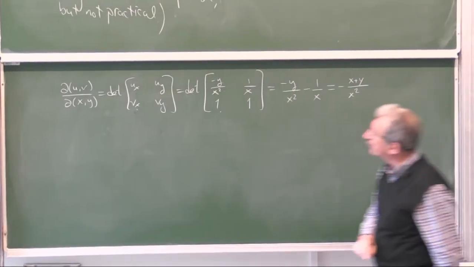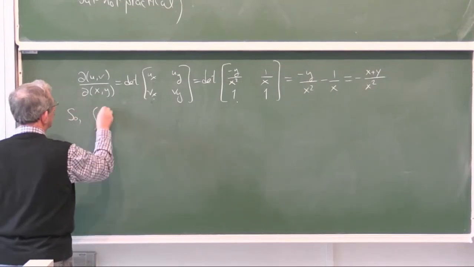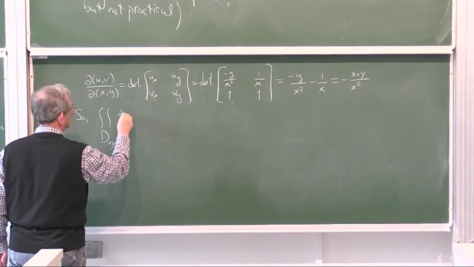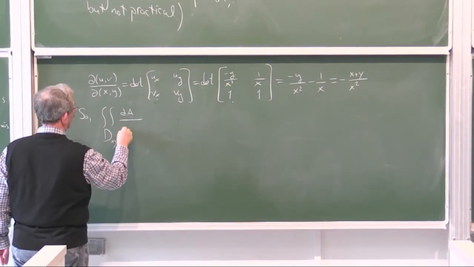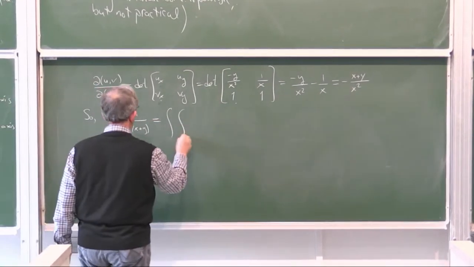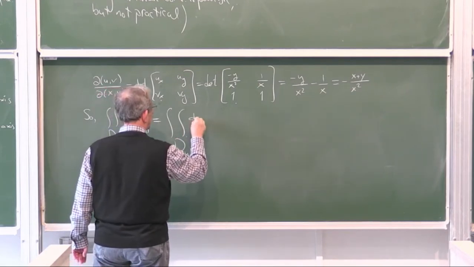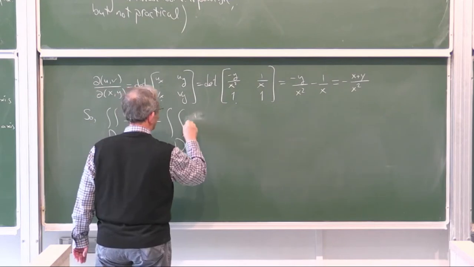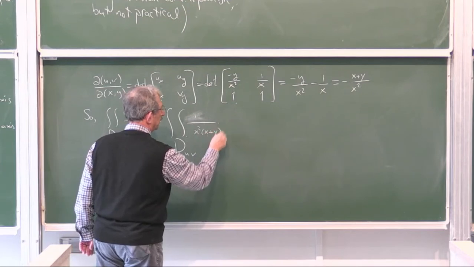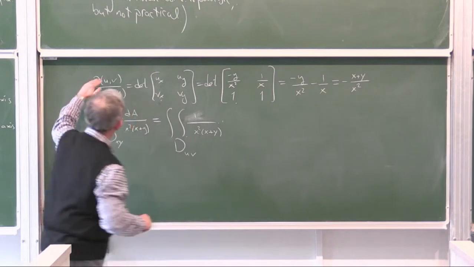Now, the integral over D of dA, these are in the xy system yet, over x squared, x plus y, happens to be the integral over D in uv of 1 over x squared, x plus y, times the absolute value of del xy by del uv.